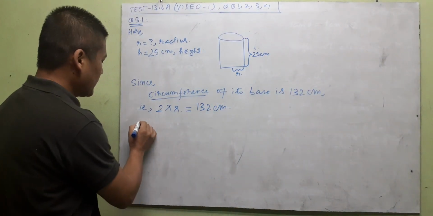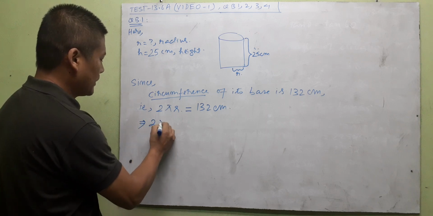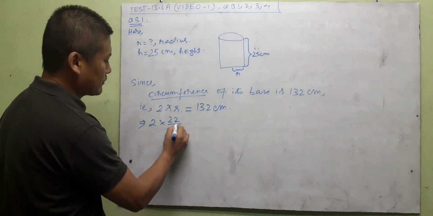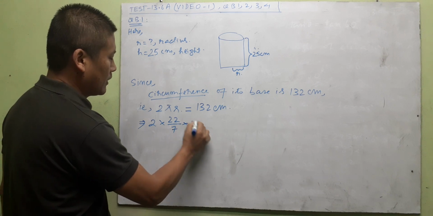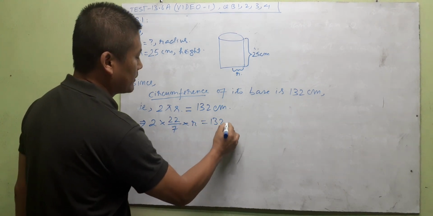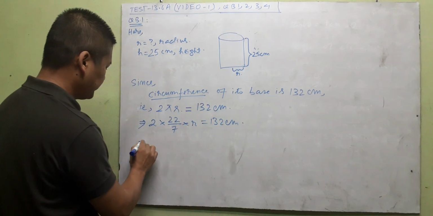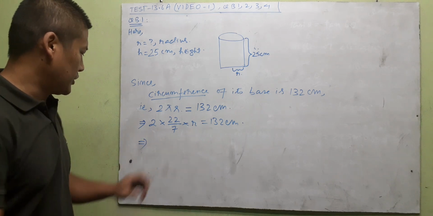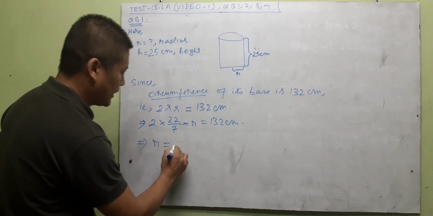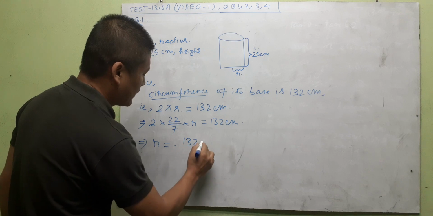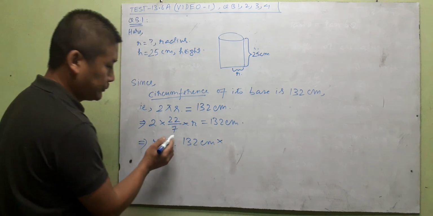The question is saying, let us convert these values. Whenever pi is not given in the question, we write 22/7. r is unknown yet, and 132 centimeter. Now let us put r here alone and shift the other quantities. 132 centimeter is here into.